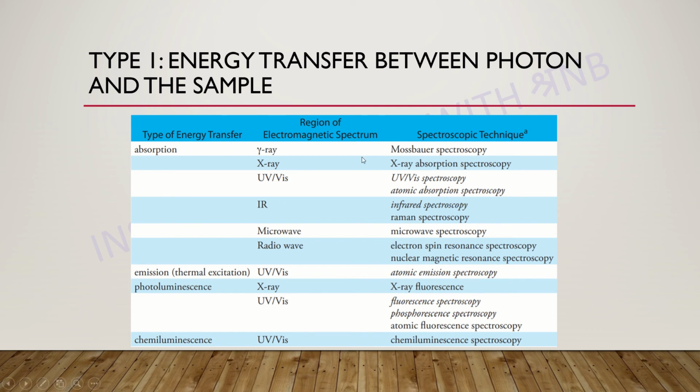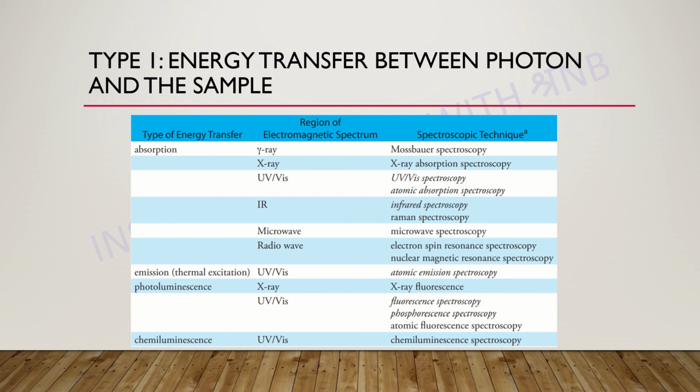The region of electromagnetic spectrum and the spectroscopic techniques are listed in this table. In absorption, the spectroscopic techniques involved are mass spectroscopy, X-ray absorption, UV visible atomic absorption, infrared, Raman, microwave, electron spin resonance, nuclear magnetic resonance.